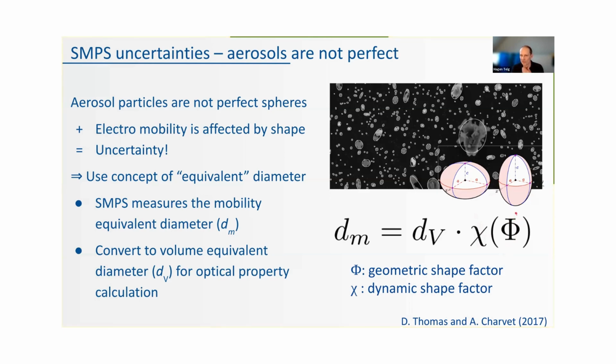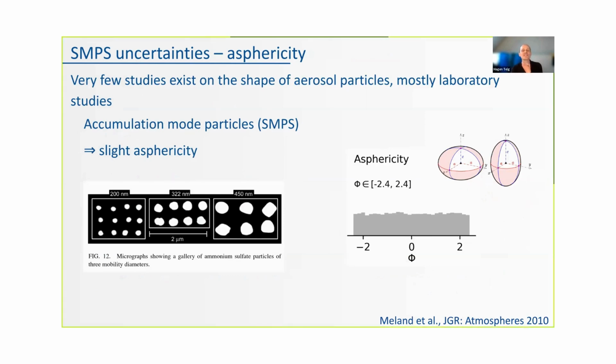And just to say what this geometric shape factor is, first of all, it assumes that you approximate your particles as spheroids, like these oblate and prolate spheroids. And then the geometric shape factor is given by the ratio between the longer axis and the shorter axis, minus 1.